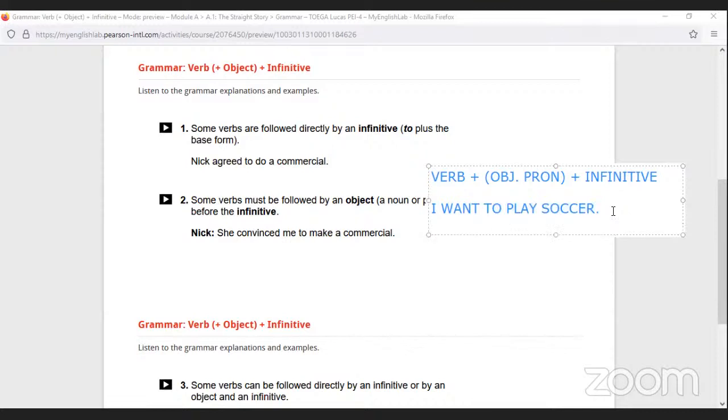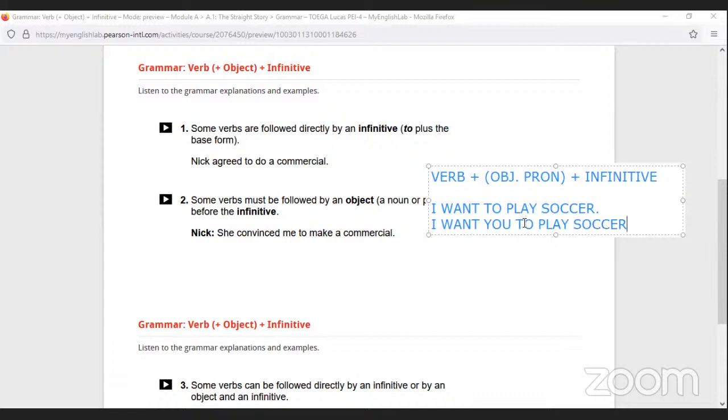But if you want somebody else to do this activity, we're gonna do this. Or maybe I want, and I have to put the object pronoun. So my object pronoun is gonna be the person. In this case, I want, my object pronoun, you, and my infinitive. I want you to play soccer.